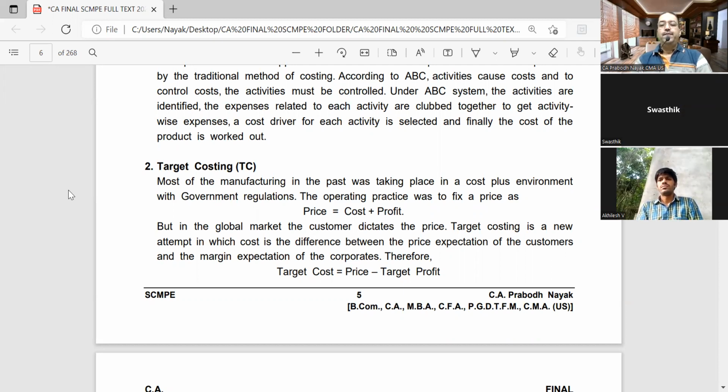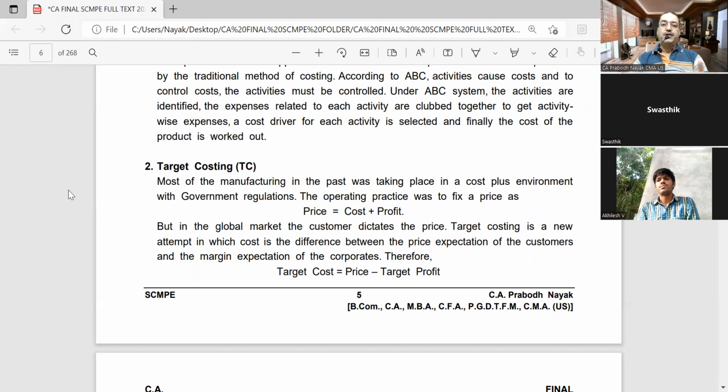So what I do is, I will go to the market, find out the market price of a similar product, and I will take the same market price to be the market price of my product, and work backwards. That means I know the selling price now. I will work backwards, calculate the profit margin that I require.